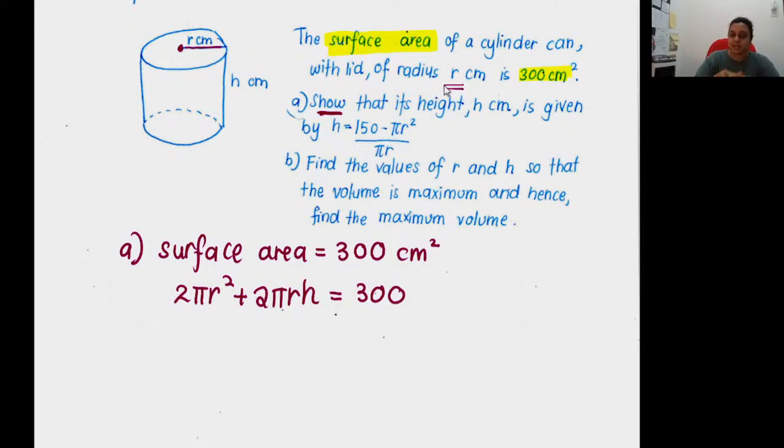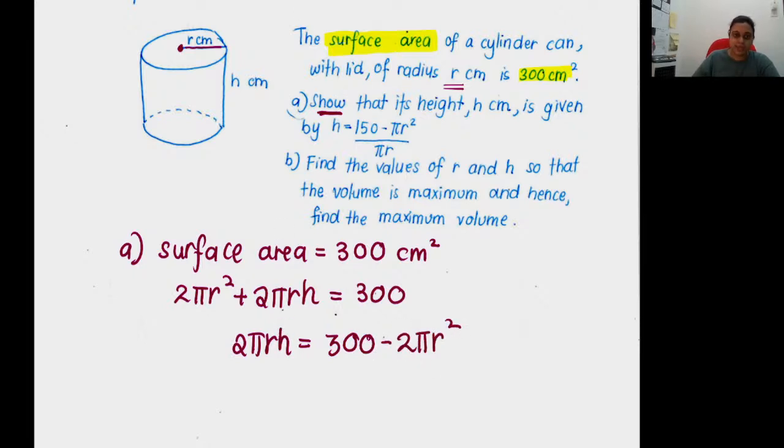Okay, from here what you do, you express the h. The others we are going to bring to the other side. So let's start with 2 pi r square. I'm going to bring it to the other side, so 300 minus 2 pi r square.